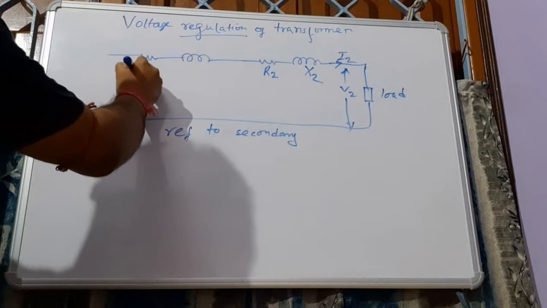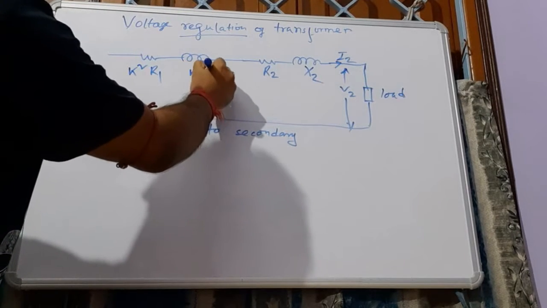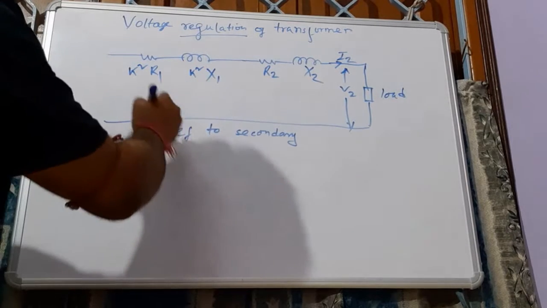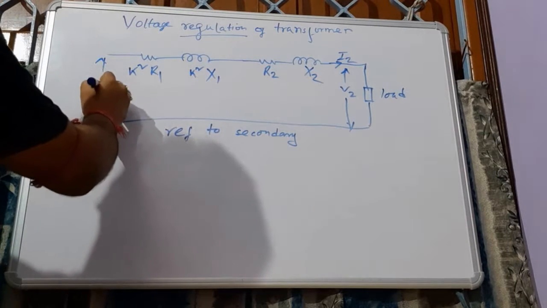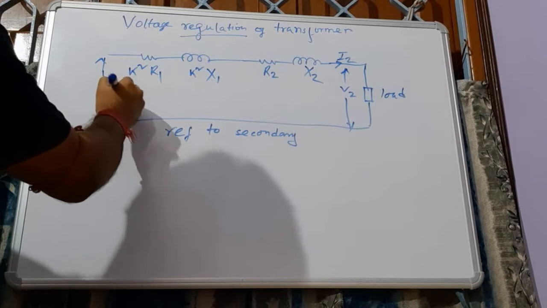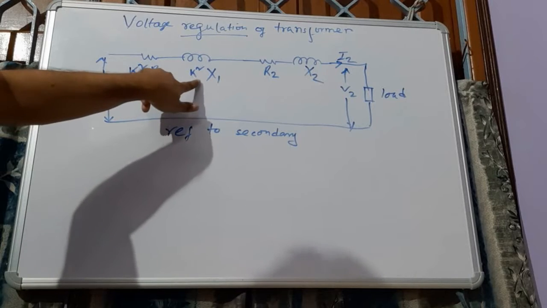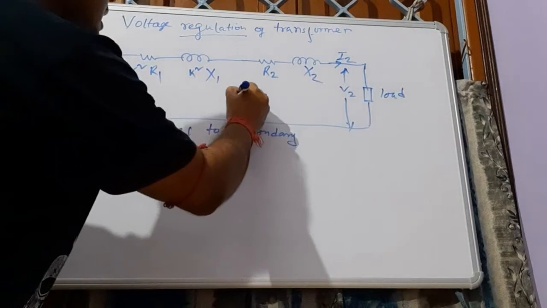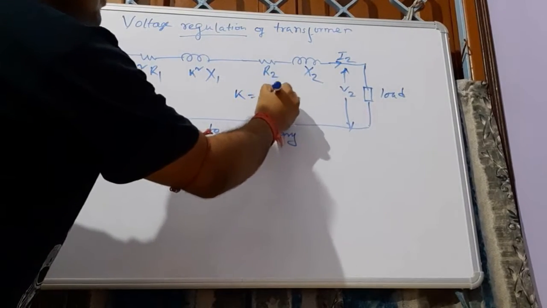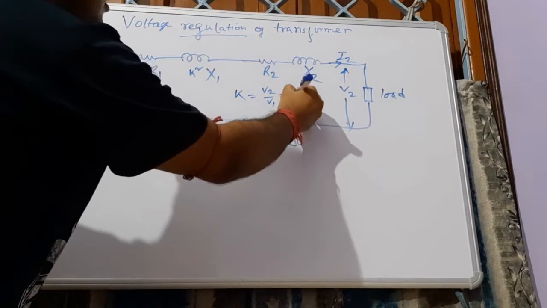Primary resistance will be K square R1, this is K square X1, and the primary voltage will be K V1, right? So K equals V2 by V1, and it can also be written as N2 by N1, right?